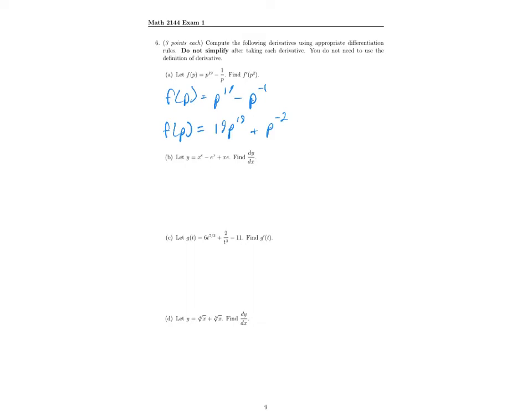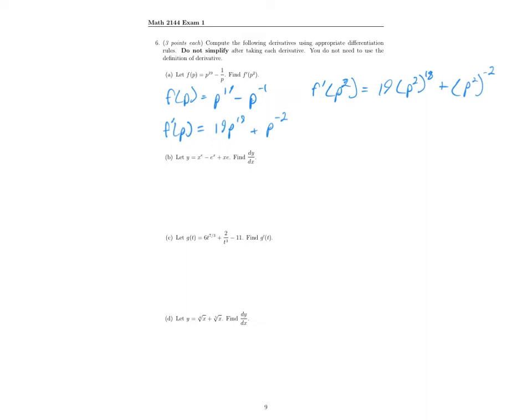And since we're asked to find f prime of p squared, what that's going to become for us is that f prime of p squared equals 19 times p squared to the 18th, but it tells us not to simplify, so I'm just going to go ahead and write it like this, plus p squared to the negative 2.